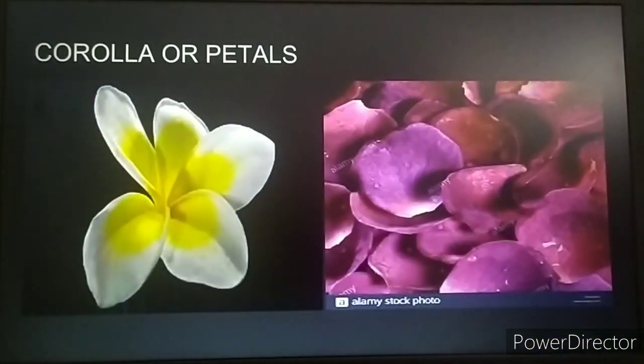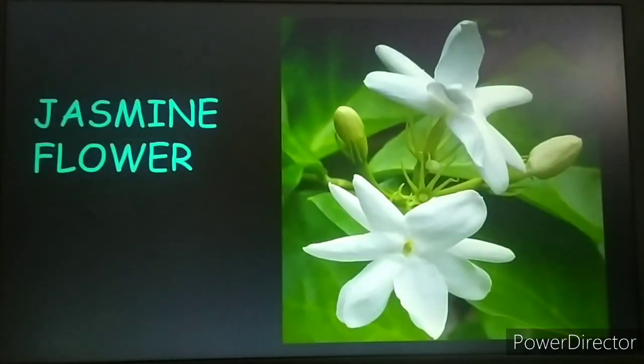Then these flowers have a particular smell. That is because of the petals. They have a sweet smell. They are scented. There is a particular aroma. For example, in jasmine, commonly we call it bela. It has a particular smell with which we can recognize the plant.